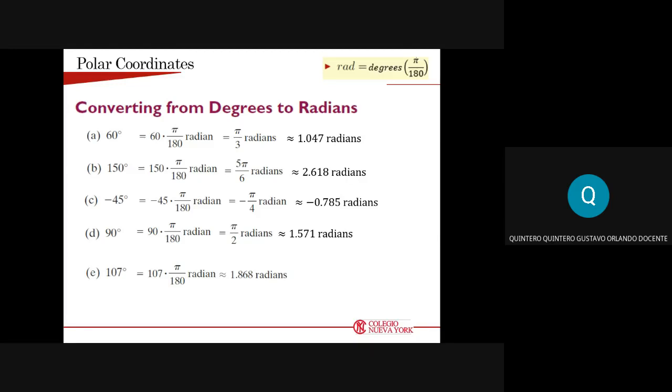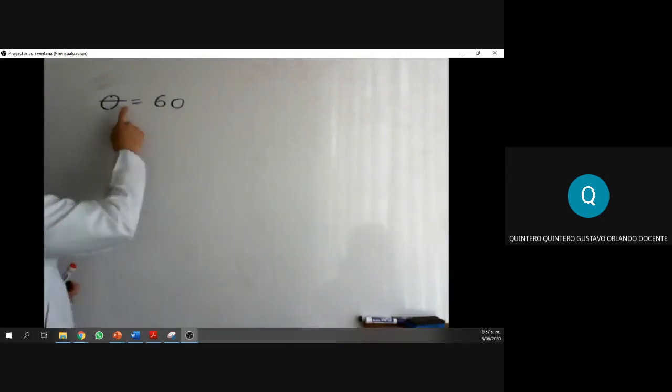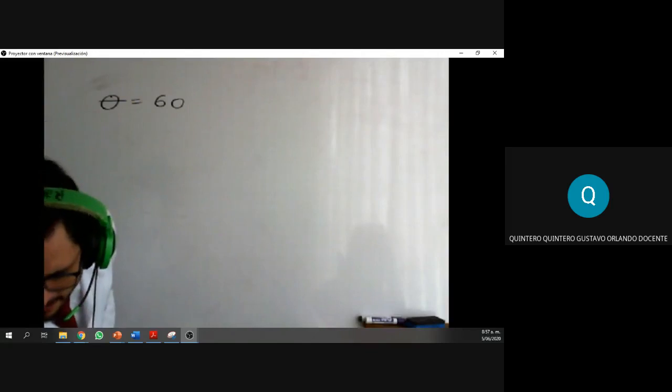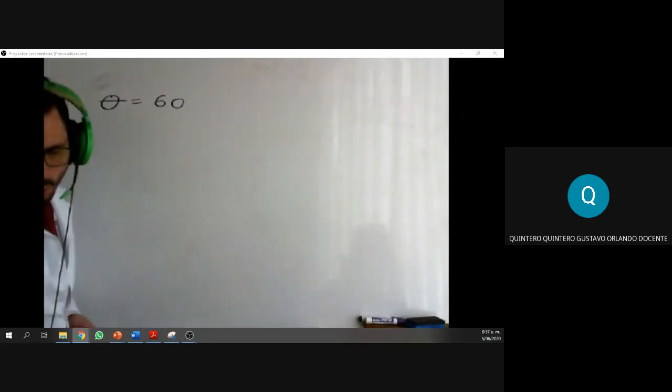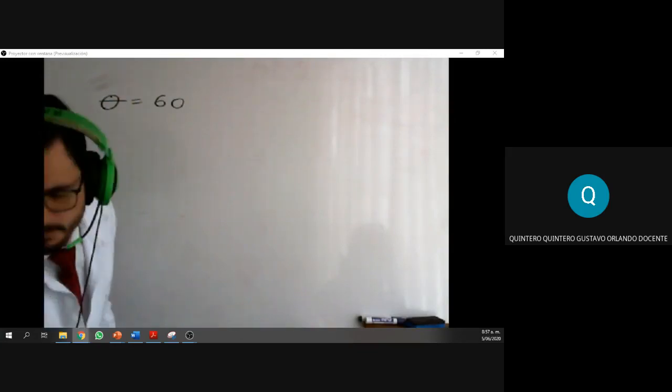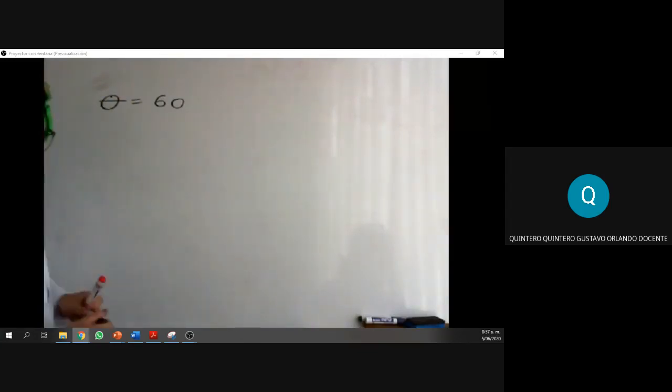All right, so the example, if we find theta equals 60, but the 60 does not have any degrees or radians. In other words, it doesn't have any units. Like this, theta equals 60, but without the units. If that happens, how do we know what the units are? There is an easy trick.